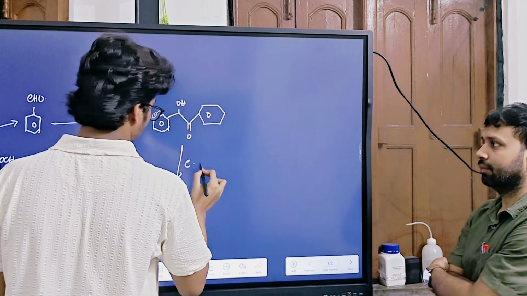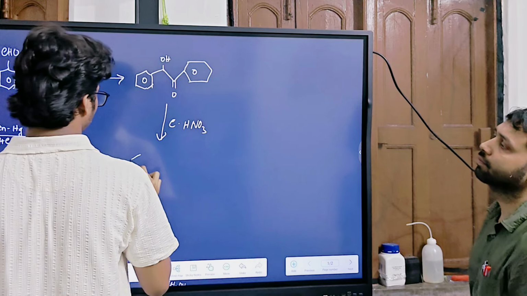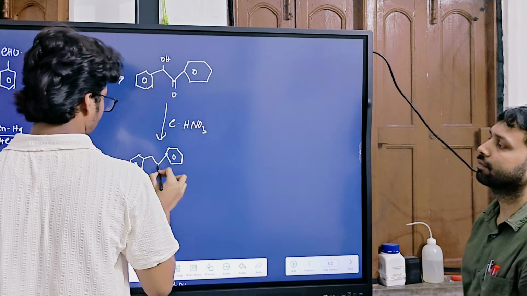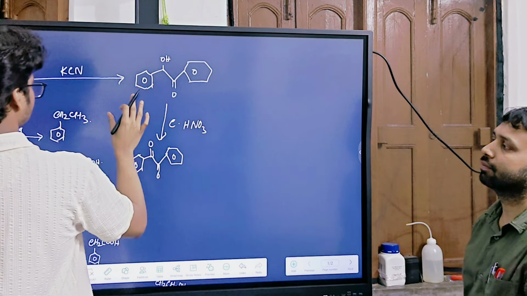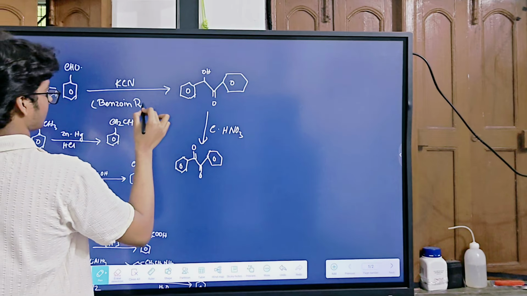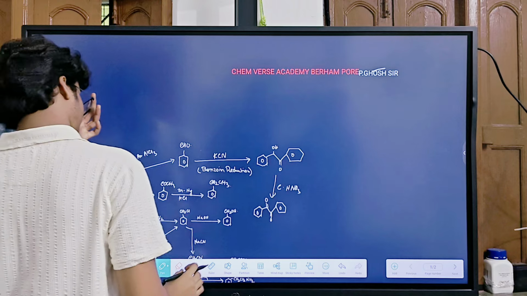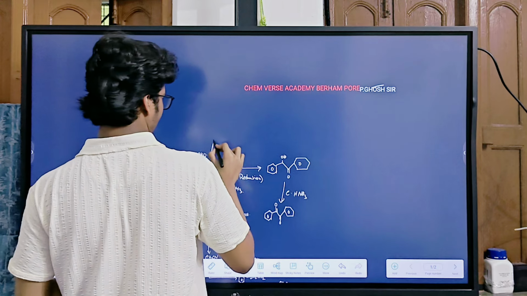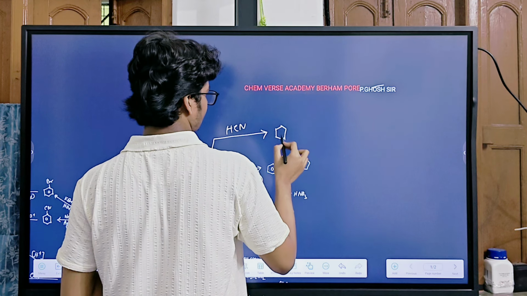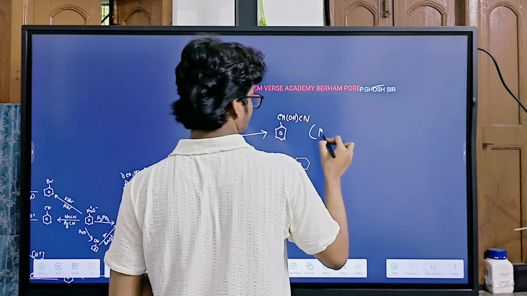Which further reacts with concentrated nitric acid, which oxidizes this keto group to give benzil. Now I've got a few more reactions with HCN, which gives CHOH and another CN, which is mandelic acid.